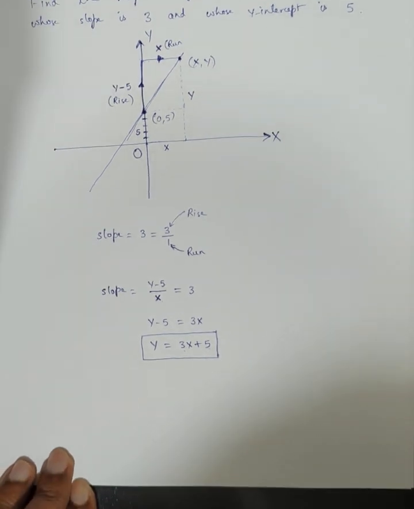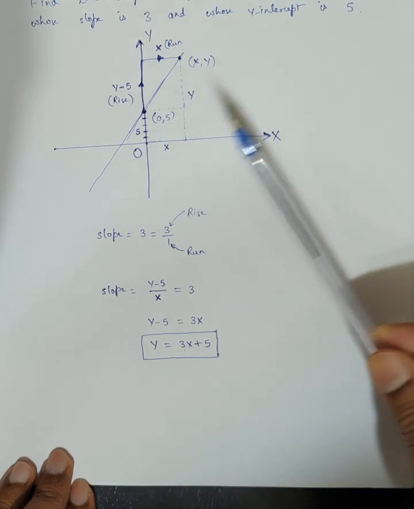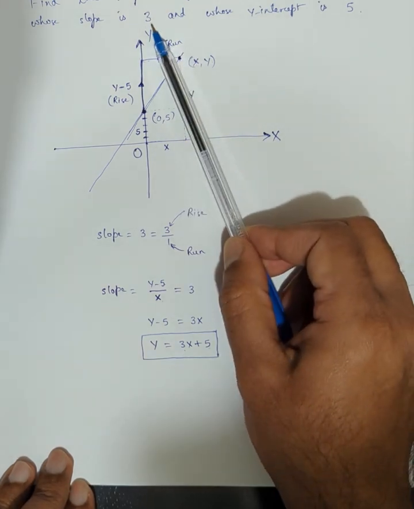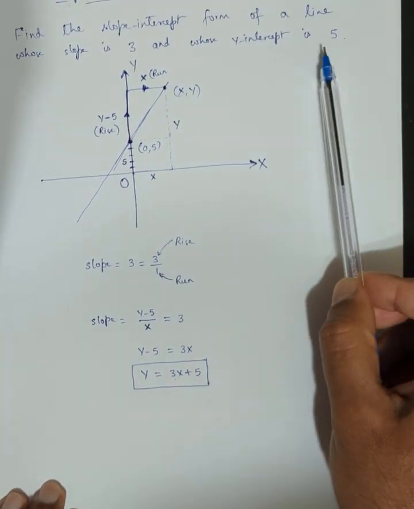So in general, what happens if the slope is m and y-intercept is b?